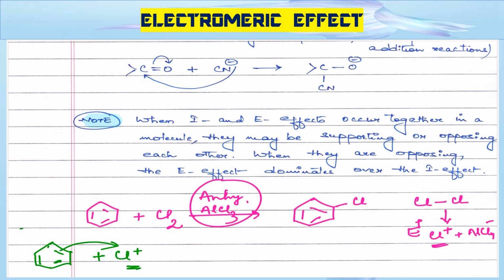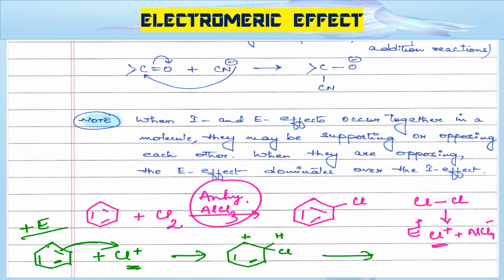This is a type of plus E effect, the positive electromeric effect, and this will give rise to an intermediate like this. Here a hydrogen atom in the benzene ring is already present, and because the pi electrons were shifting from this carbon, this carbon will now bear a positive charge.